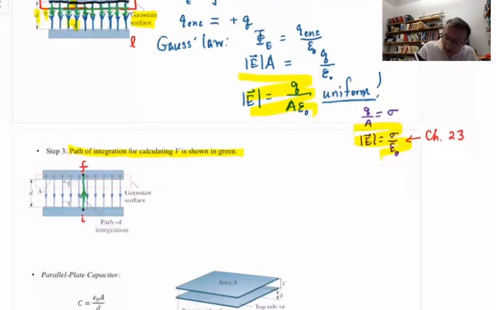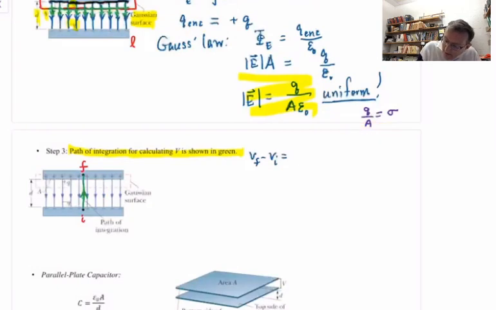So now I use V final minus V initial equals negative integral from initial point to final point of E dot ds. So V final minus V initial equals negative integral.